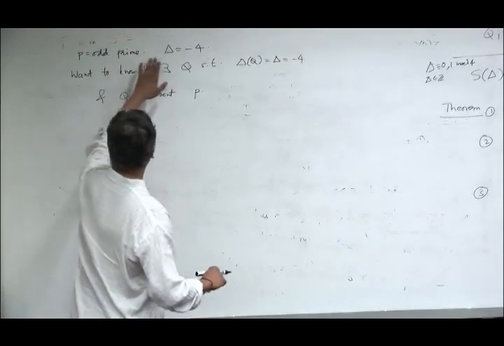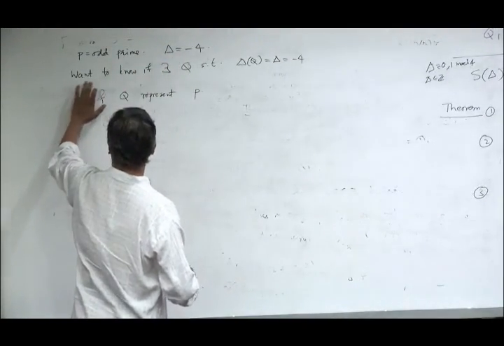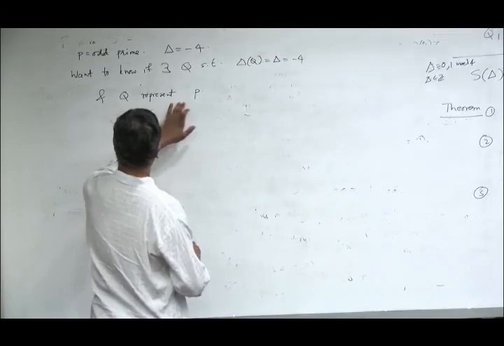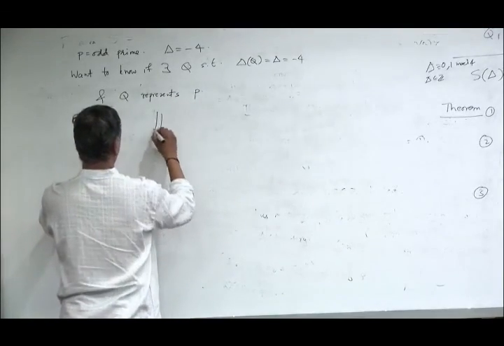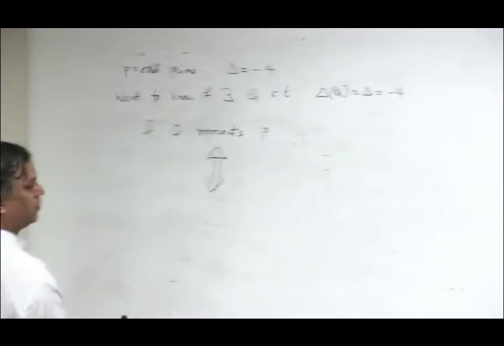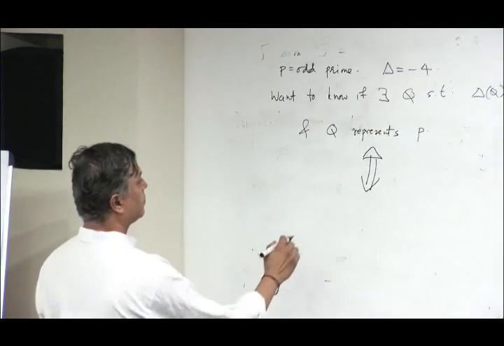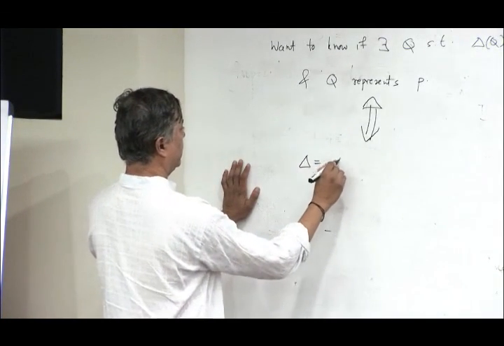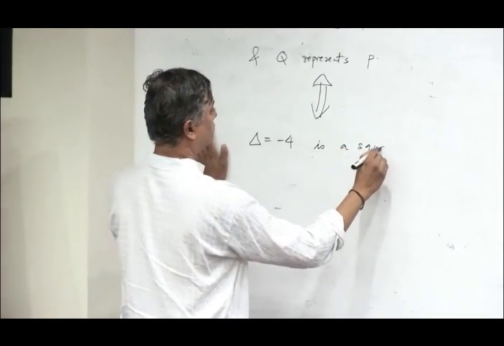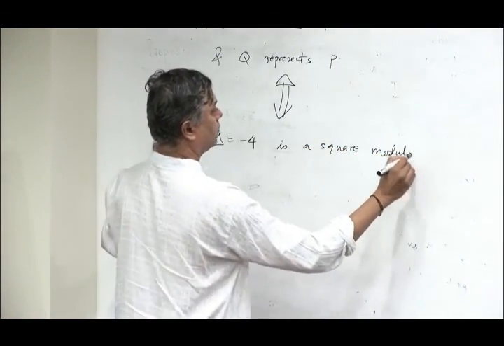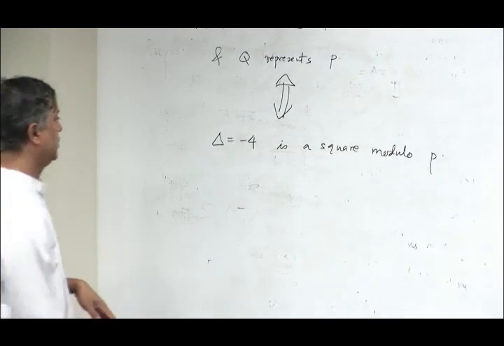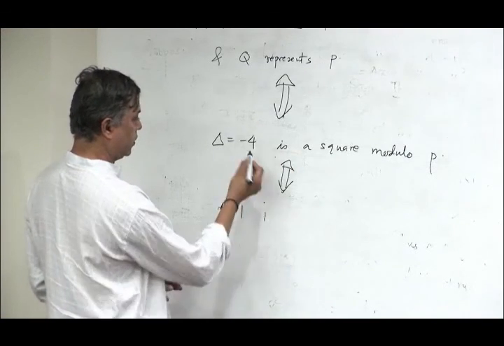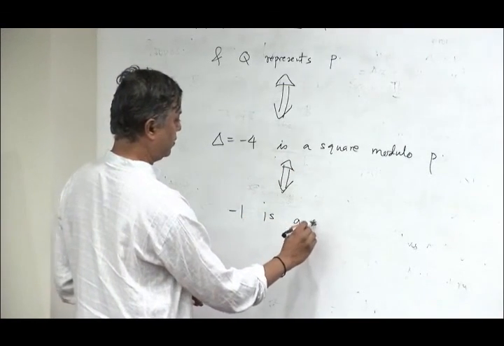So I am going to say P is an odd prime, delta is minus 4. I want to know if there exists Q such that delta of Q equals minus 4 and Q represents P. Now this is equivalent to, by the proposition that we proved, delta being a square modulo P. So delta equal to minus 4 is a square modulo P. This is equivalent to minus 1 being a square modulo P, because 4 is already a square.